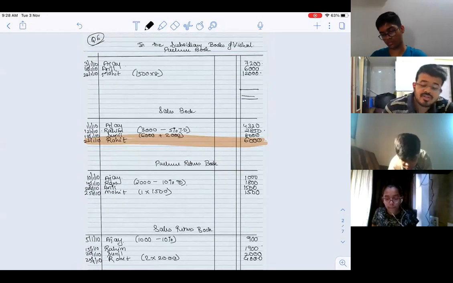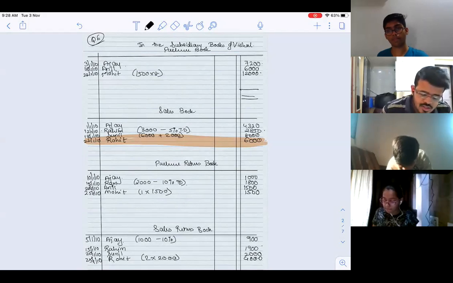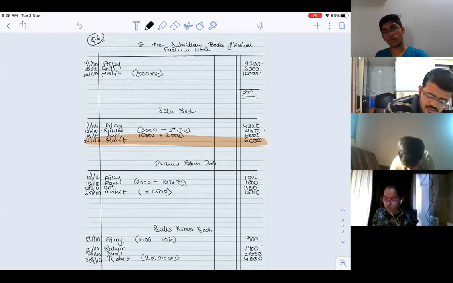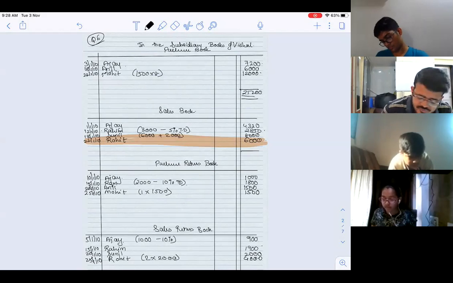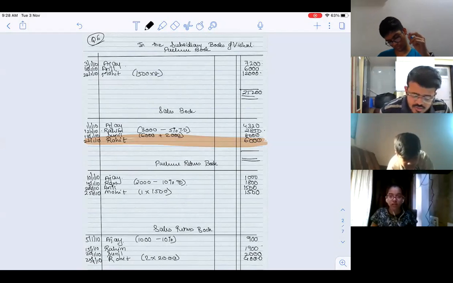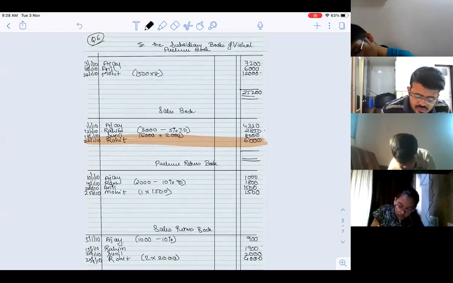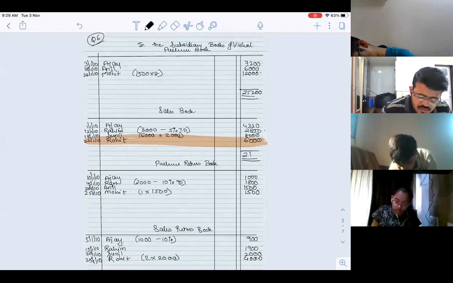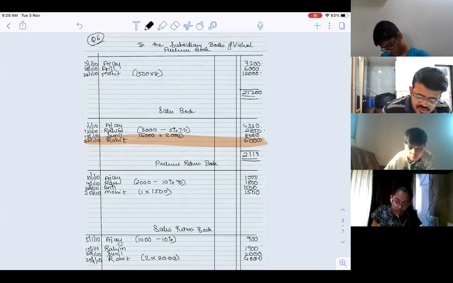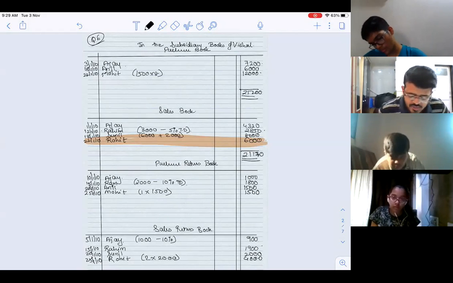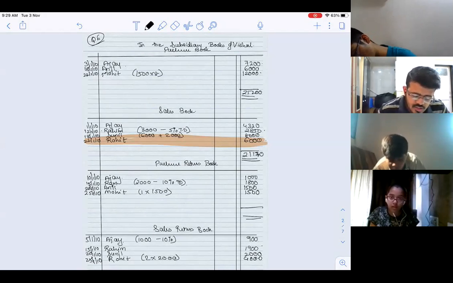Well, any doubt till this point? Anyone? Ask. I think total of purchase is 25,200. 14 plus 4, 18 plus 2, 20. 21,170. Is that right? 21,170 आ रहा है sales का.